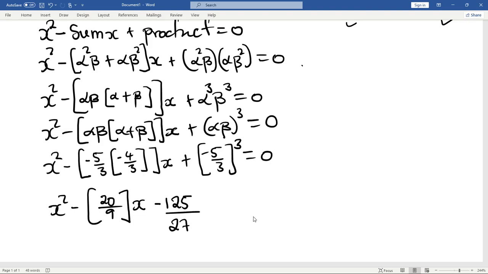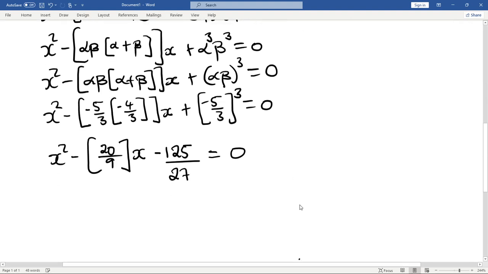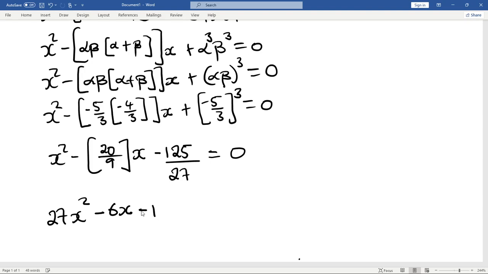So now here equal to 0. If we multiply by 27 throughout, we need to get rid of the fractions here, so we're going to multiply by 27 throughout. We're going to have 27x squared minus, so 9 can go into 27 3 times, so we're going to have 60x, minus 125, so this should be 60x minus 125 equal to 0.